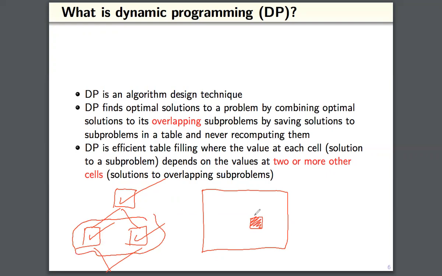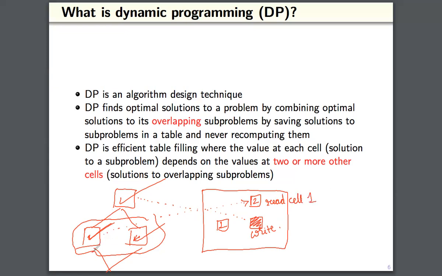So this subproblem might also represent a cell. This subproblem will also represent a cell. So you write to this cell, and reading from this, this is read cell 1.